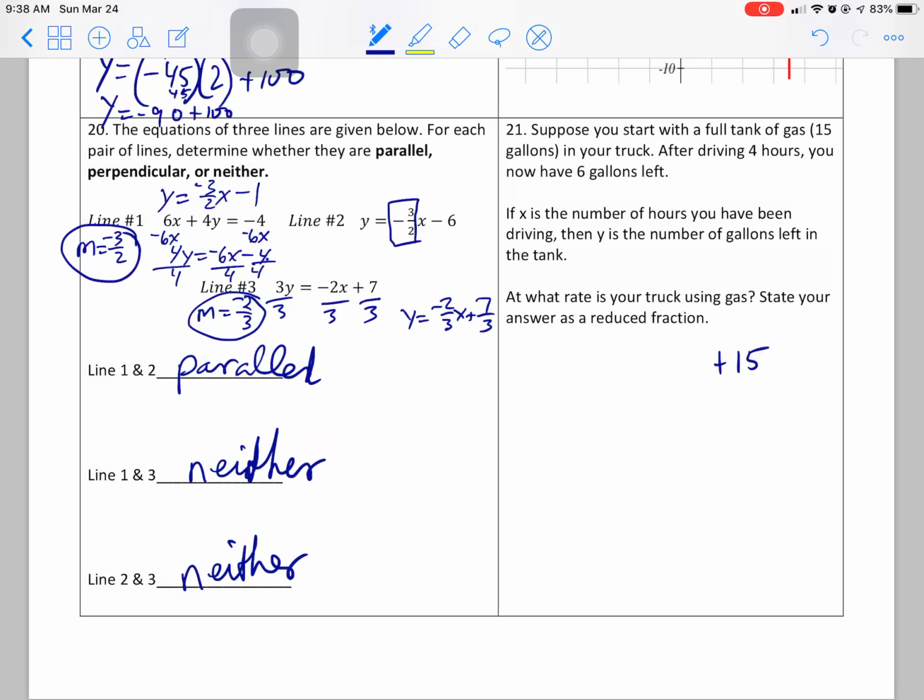After you drive 4 hours, you have 6 gallons left, because X is the number of hours and Y is the number of gallons left in the tank. So after driving 4 hours, you have 6 gallons left. Okay. What is the rate your truck is using the gas? Whoa. Okay.